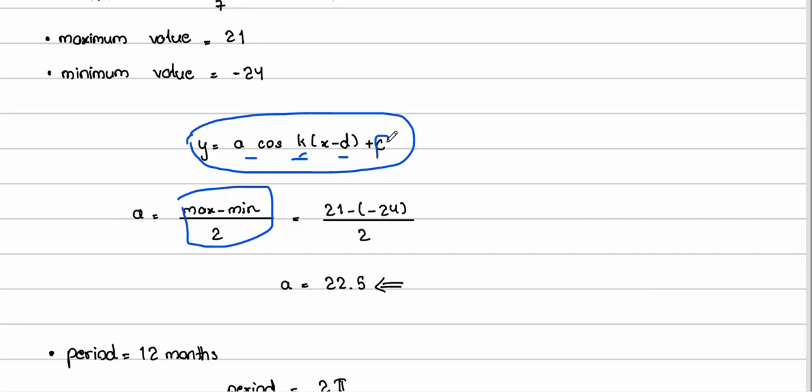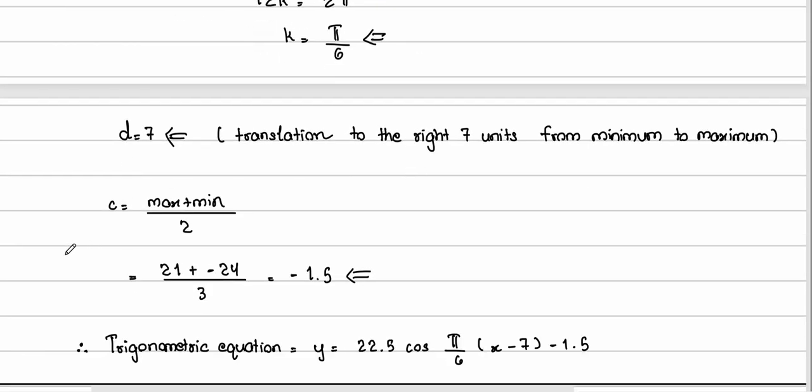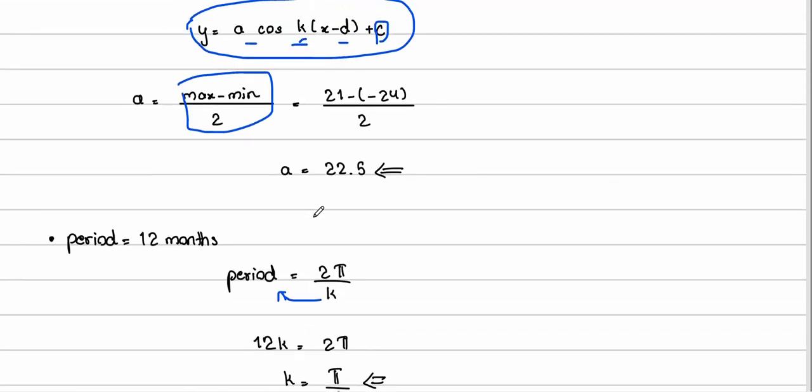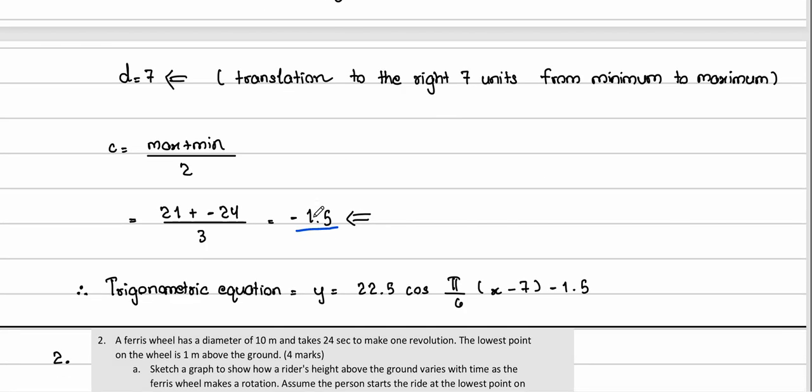The last thing we're going to find is C. For C, there's an equation: maximum plus minimum divided by 2. This is going to be the value for C, which can be concluded as the midline or the vertical translation. So this is the final equation: y equals 22.5 cosine of pi over 6 times x minus 7, minus 1.5.